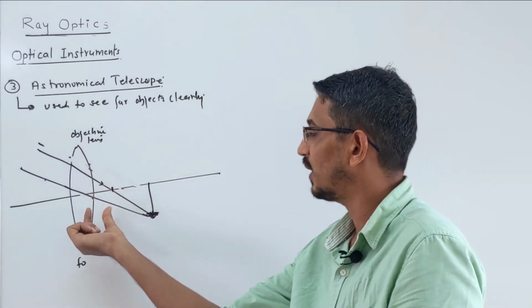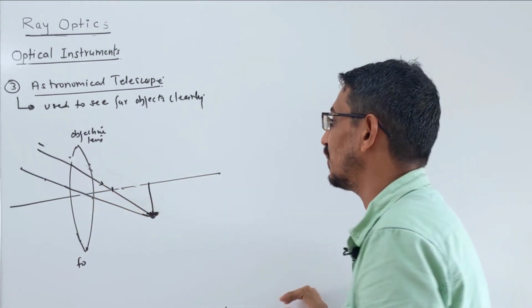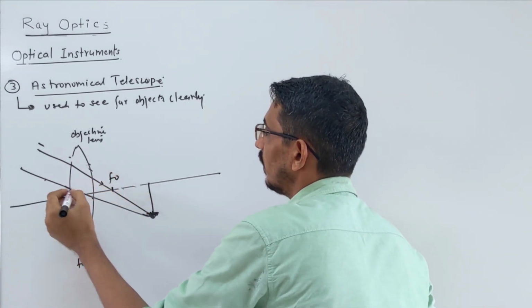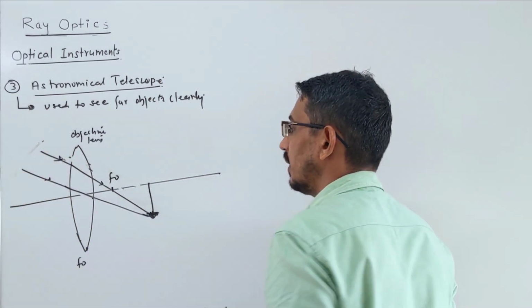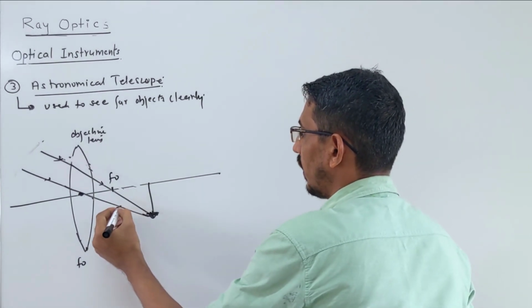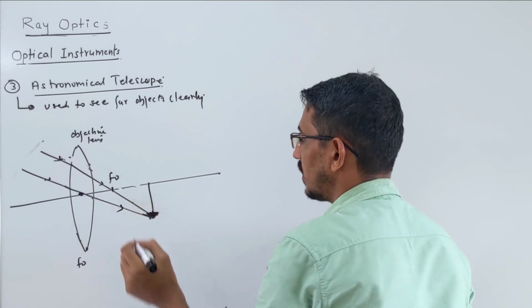It's looking like the focal length is very small, but the focal length of this lens is very big. Do not confuse. So this is f0. These two rays came from infinity, they come parallel. One ray passing through the optical center goes straight, one ray passes through the focus, they meet here. This is your first image formed.